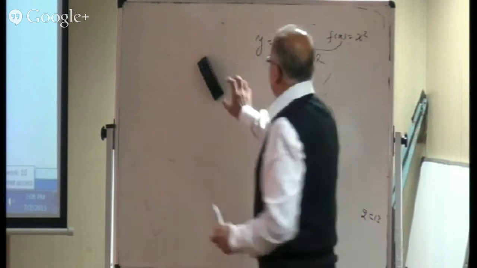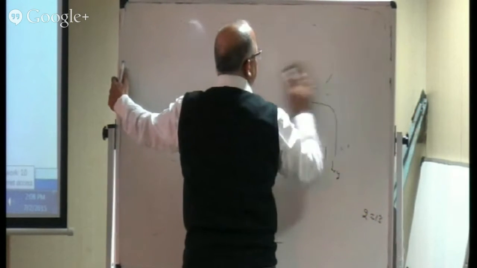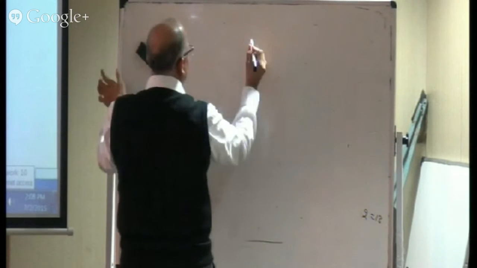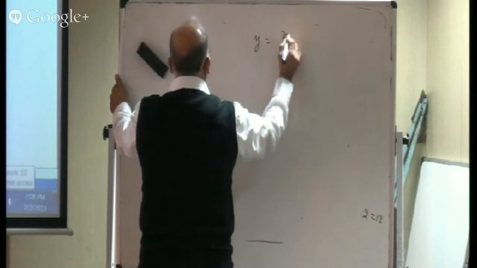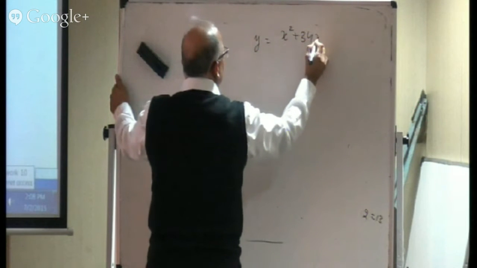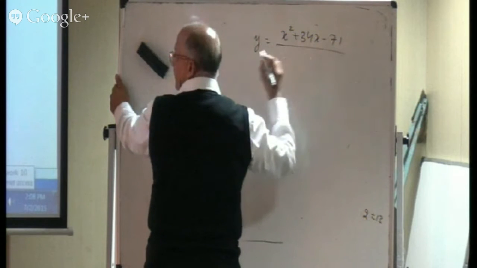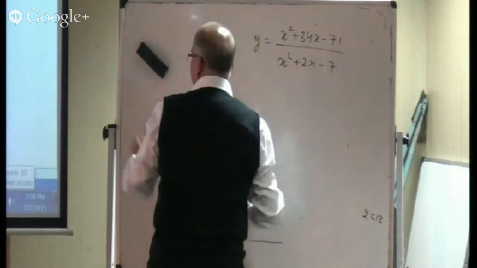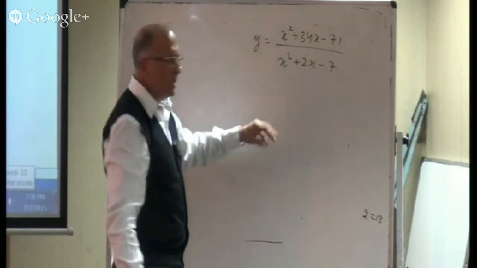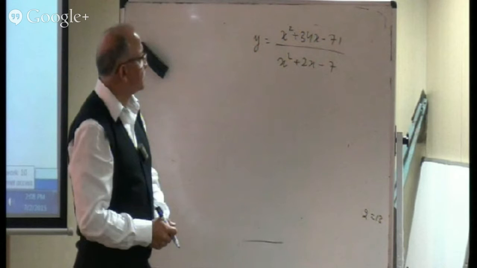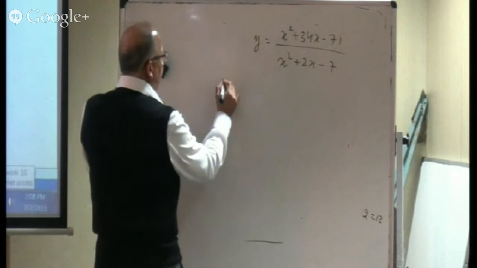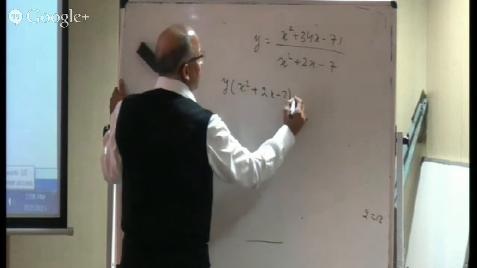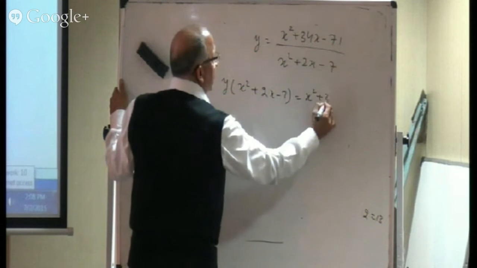Let us try to solve it. This involves a little bit of calculation, but it's a good question. So y is equal to x square plus 34x minus 71 divided by x square plus 2x minus 7. We simplify: y times x square plus 2x minus 7 is equal to x square plus 34x minus 71.